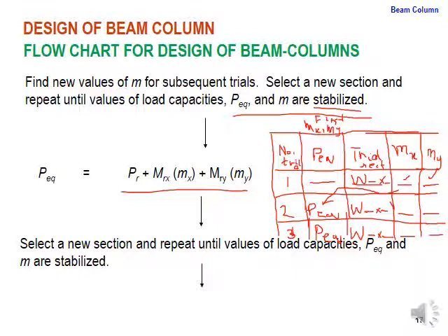Okay, so now let's suppose you have done this trial and error for 4 times, 5 times, 6 times and 7 times. So what is happening with the values of P equivalent and with the values of Mx and My? Those are fluctuating. Here you are getting a P equivalent, let's suppose 2000.